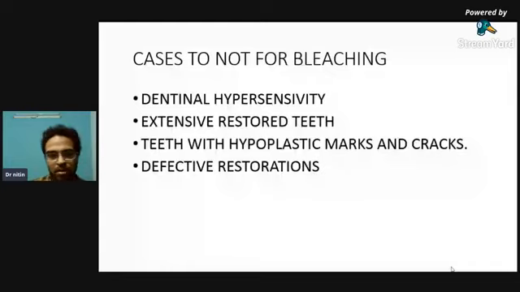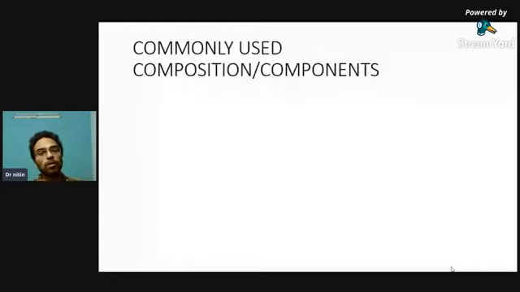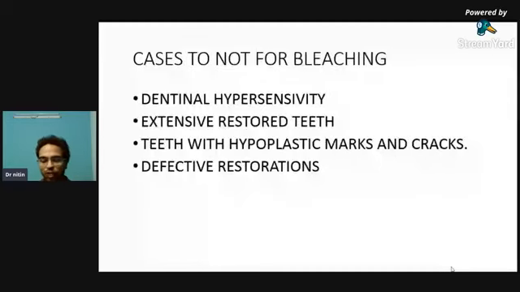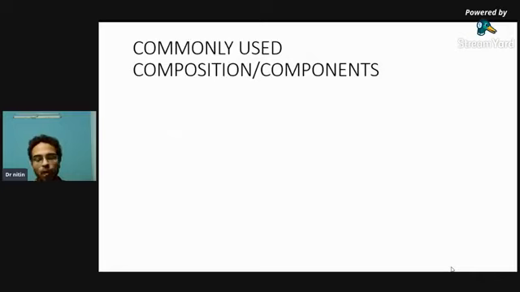I'll focus more on indications when I start with the techniques. So always remember the cases you should not follow: hypersensitivity, extensively restored teeth, cracked teeth, or defective restorations.